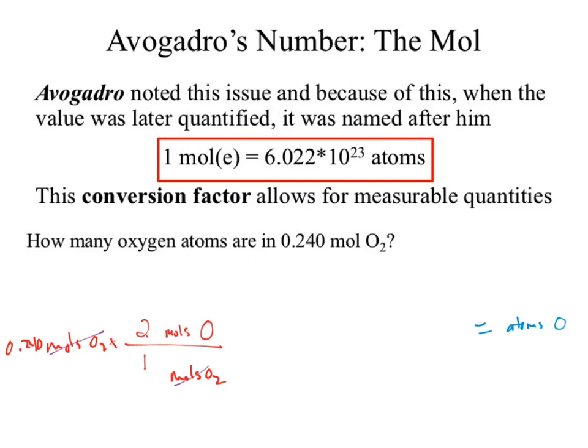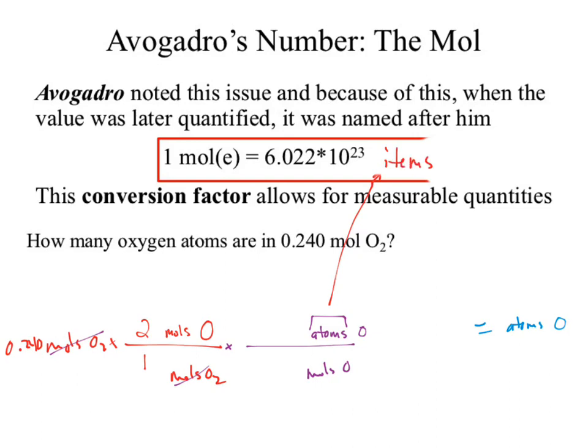Now what happens? Moles of oxygen cancel. I have moles of oxygen atoms now, which is good, but I want atoms of oxygen. So I need moles of oxygen on the bottom, and I want atoms of oxygen. What is atoms? That was supposed to be items.